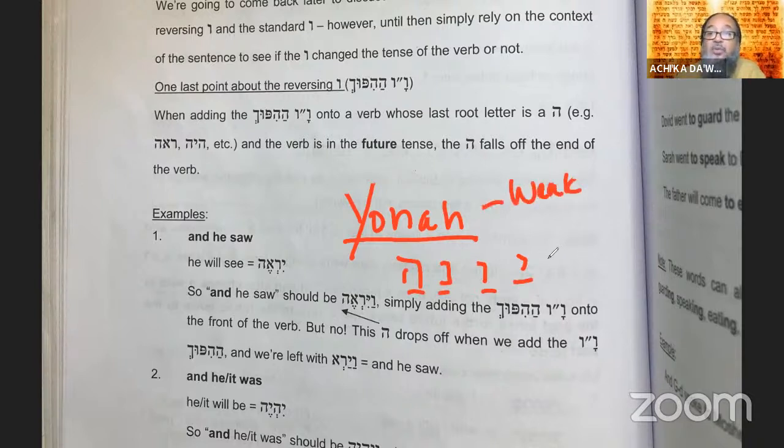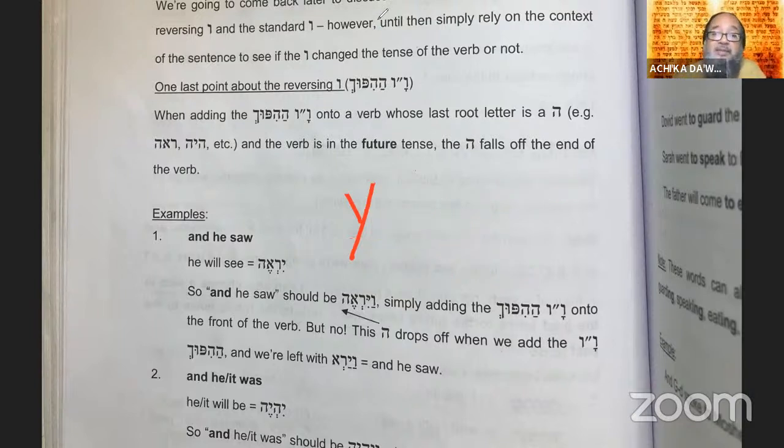So anytime anything is added to a root, either in the front or the back, these letters will fall off. They will fly away, literally. You can remember that by Yonah, and you can look at lesson number 6 in order to remember that. So let's look at the example on number 2.